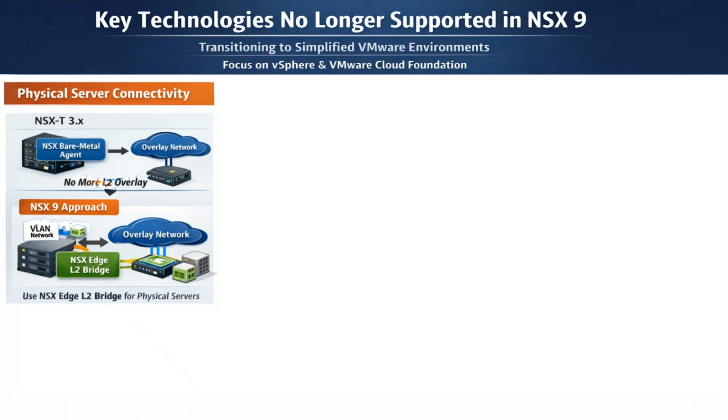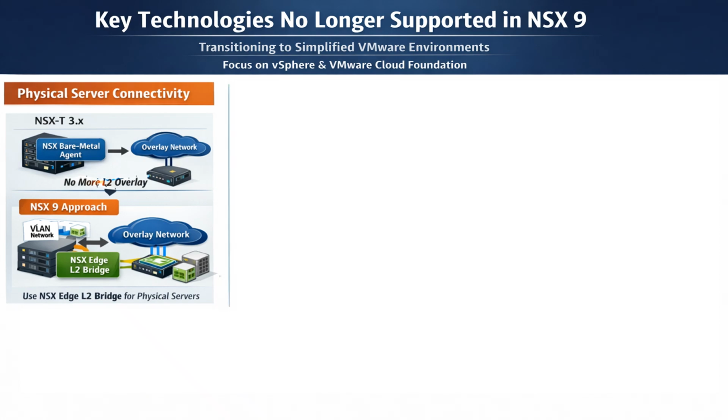There is also a new option called the distributed tier gateway. Okay, this was introduced in VCF 9. This allows direct VM connectivity to the top of rack switch without an edge node. But for most environments, the standard approach is still the Edge L2 bridge.